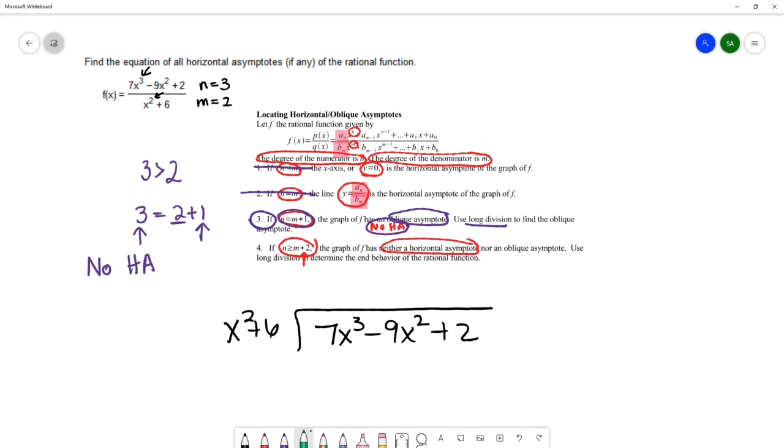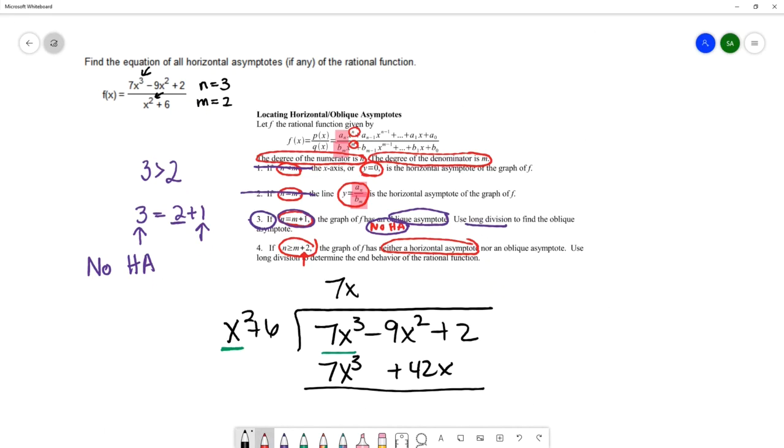And this is long division. I would think, what can I multiply by x squared to get 7x cubed? That's a 7x. Then I'm going to multiply that 7x by both of the terms on the left. 7x times x squared would be 7x cubed. 7x times 6 would be a plus 42x.